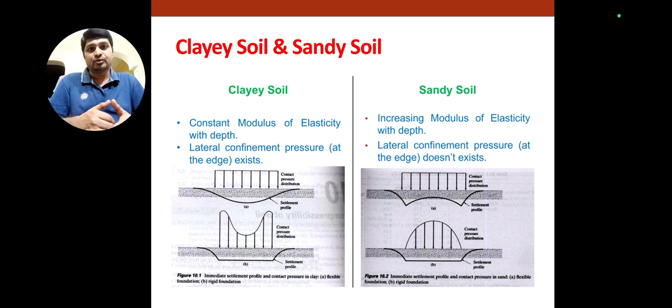So when we apply the load, a small deformation occurs in the soil mass. In sandy soil, the modulus of elasticity increases with depth, and lateral confining pressure does not exist. The diagram shows the initial or immediate settlement of the soil.